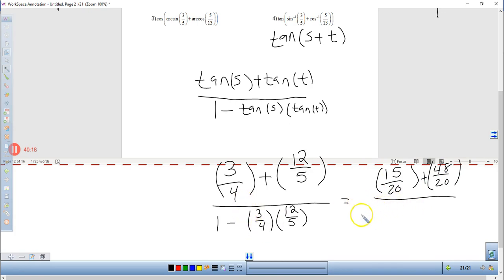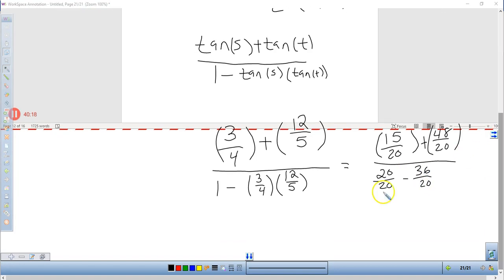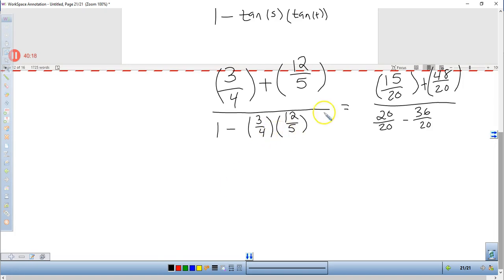And over here I multiply by 4, so I have 48/20. Down here on the bottom, since these are going to multiply to make 20, it's going to be 36/20. I'm going to go ahead and make 1 into 20/20, so 20/20 minus 36/20. Go ahead and add these up. 15 and 48 is 63/20 divided by negative 16/20.